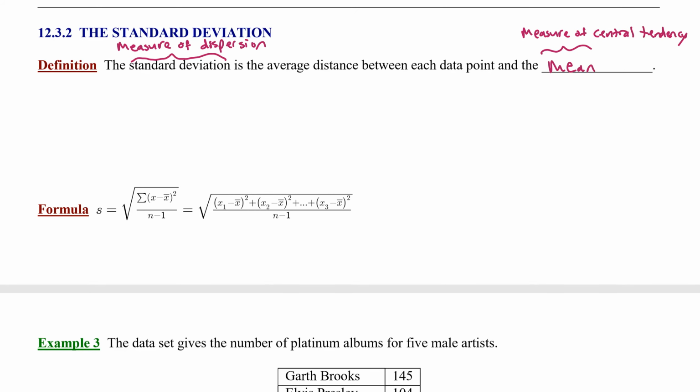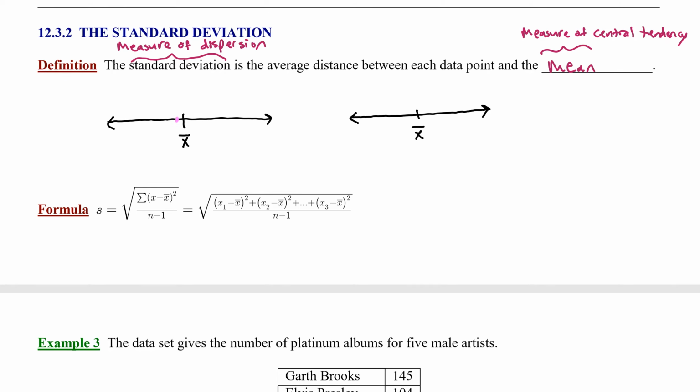We can visualize the meaning of the standard deviation if we compare two data sets. Let's suppose that I have two data sets and I'm going to arrange each of these data sets from smallest to largest on a number line. Now, because the mean is a measure of central tendency, the mean for each data set is going to tend towards the center.